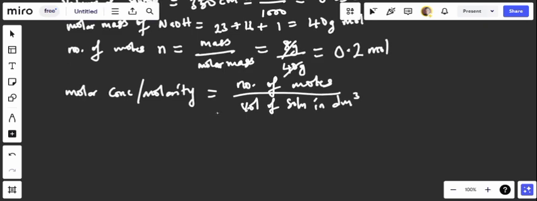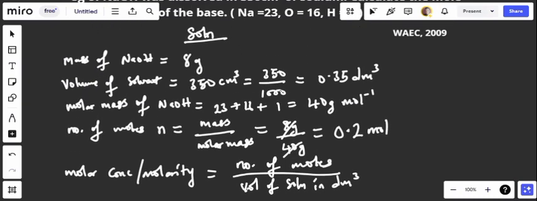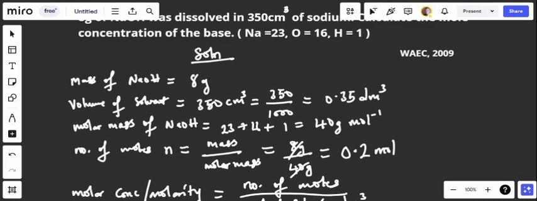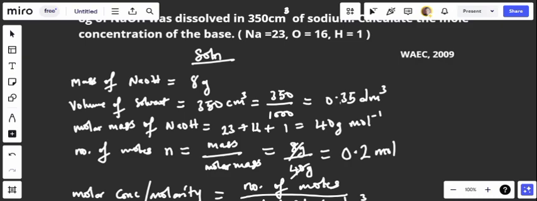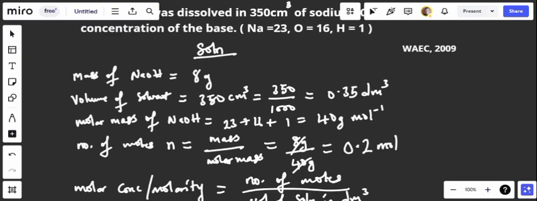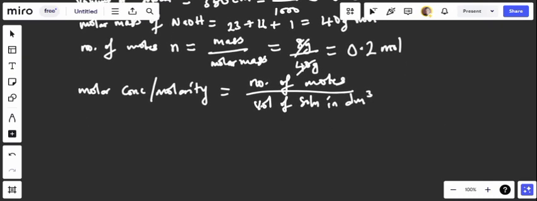So now we have gotten our number of moles to be 0.2 and our volume of solvent is what? 0.35 dm cube.